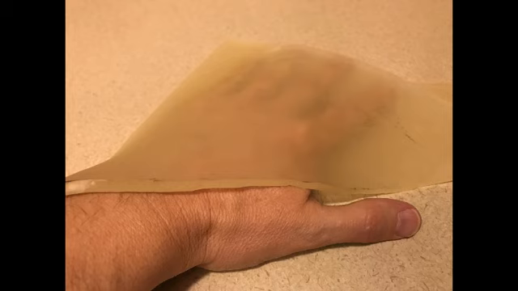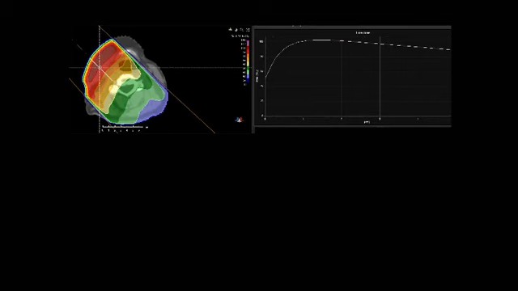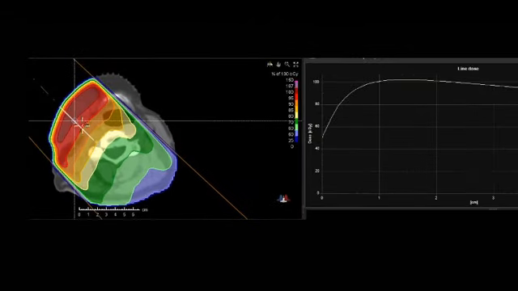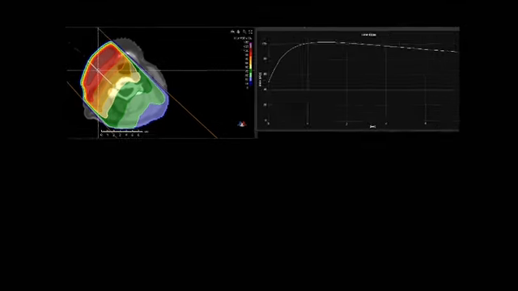Now let's look at what this looks like in the planning system. Here's a single 6 MV beam coming perpendicular to the skin with nothing in the beam, no bolus. I'm going to draw a line here, and you can see the depth curve on the right, delivering some dose at this point. You'll see the skin dose is relatively low.